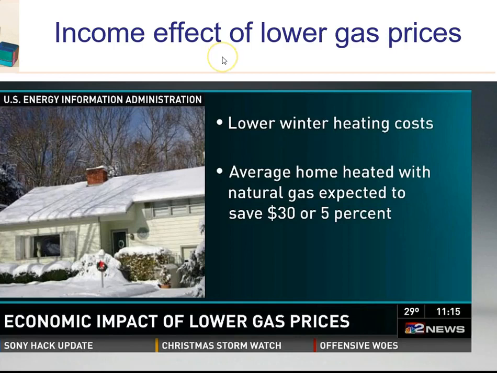So in this example of lower gas prices and homes that of course need gas to heat their house in the winter, if gas prices drop by say 5%, this would save the homeowner $30 a month each during the winter. So it's as if their income, due to this natural gas price drop, has gone up by $30. This is the impact of a reduction in natural gas prices from this story.